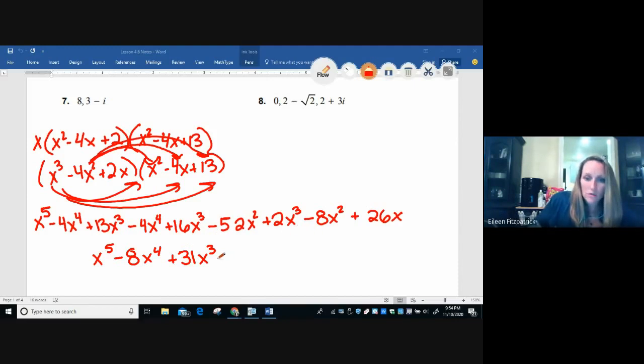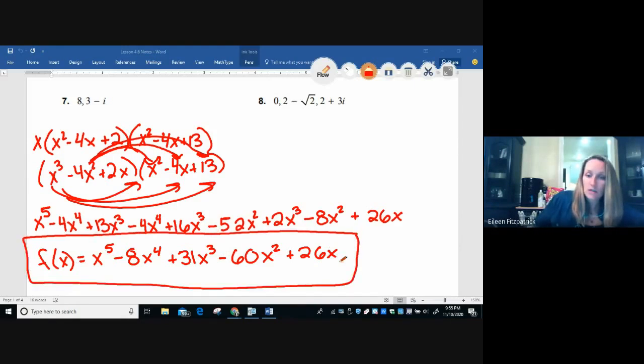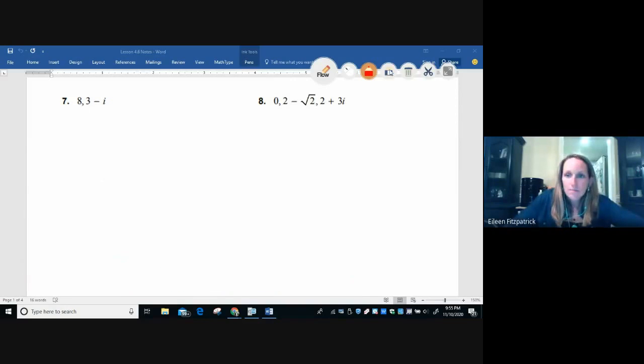I think those are the only two, so it's a -60x squared, and then a positive 26x. Again, make it f of x equals, and there is your polynomial function of least degree that has those as its solutions. All right, that was a crazy one.